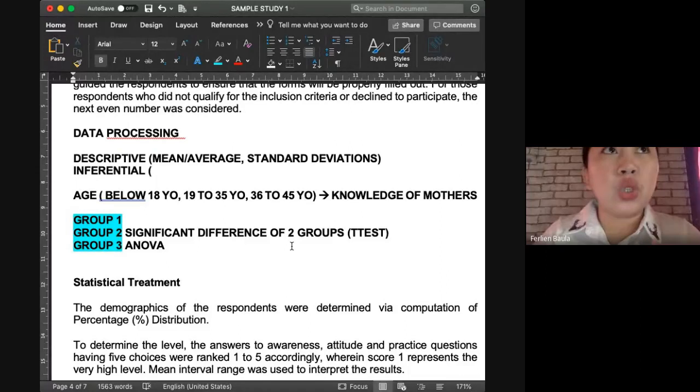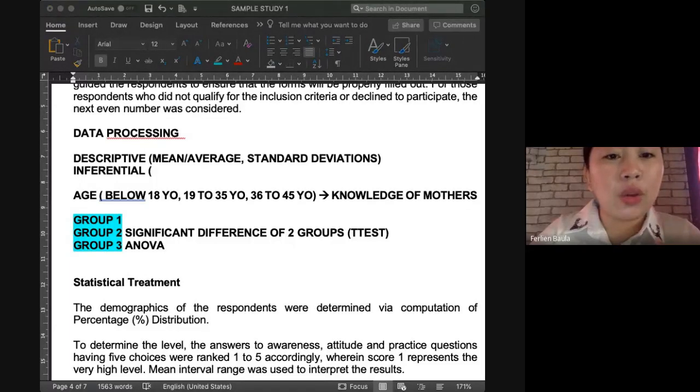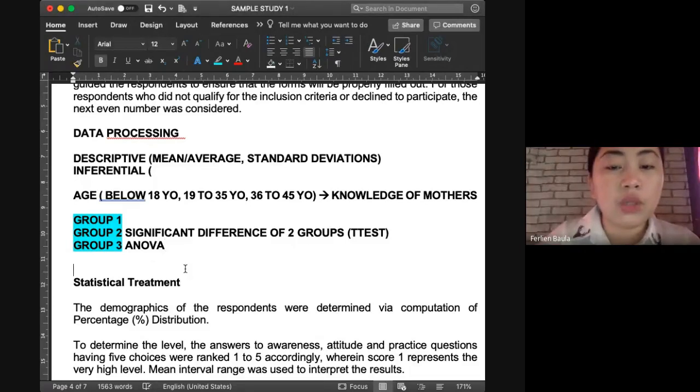Pero deep inside, during our defense, nanginginig tayo, baka, oh my God, baka tanungin ako about statistical treatment. Bakit ganito yung napili ko? Or bakit ganito yung sabi ng statistician namin? Hindi mo alam bakit. So this time, you have to know why and how to process it using JASP.